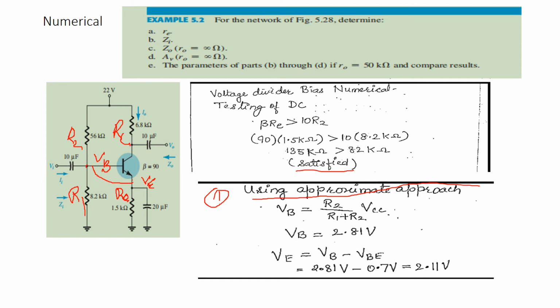The voltage existing between the base and emitter is VBE. So VE is equal to VB minus VBE, a simple relation.